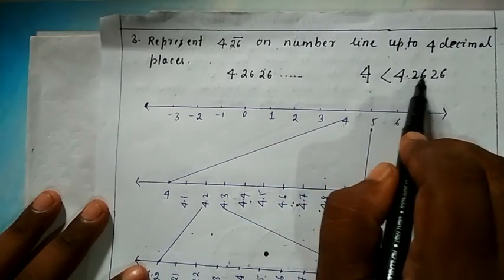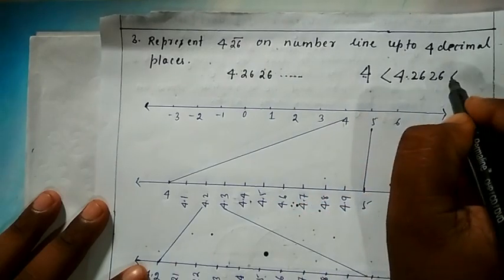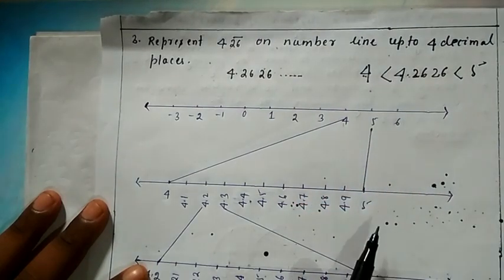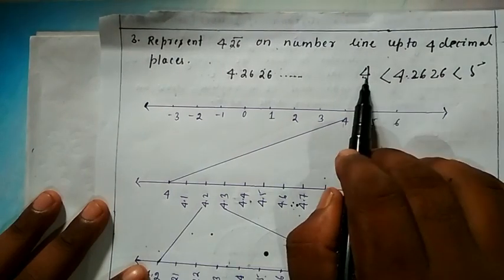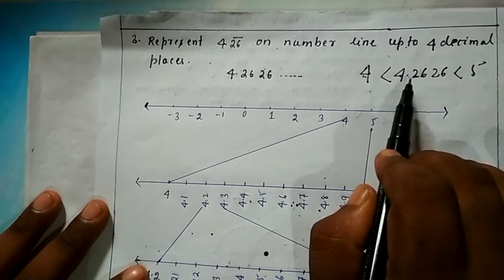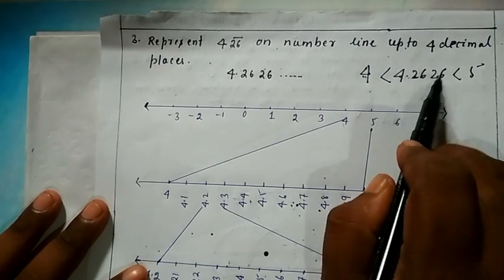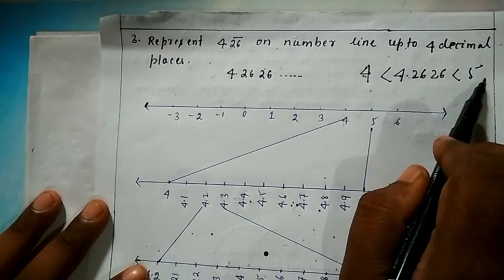So 4.2626 will also be greater than 4 and less than 5. So 4.2626 will lie in between 4 and 5.